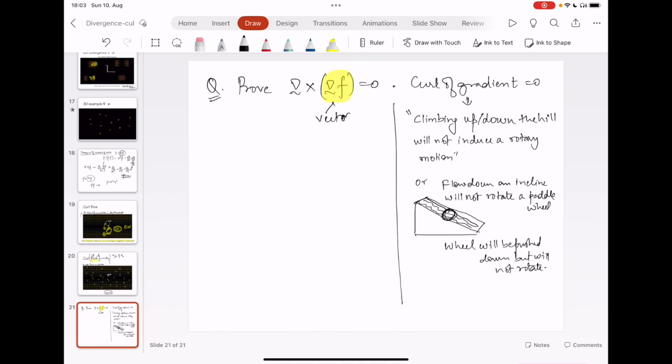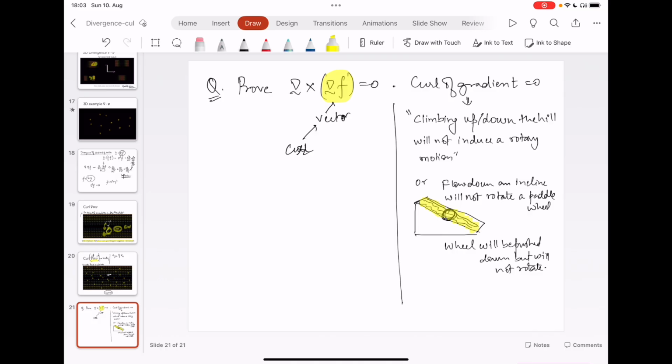So it gives you a flow field of a slope of some kind. And when you're taking a curl of this vector, you are saying that I'm going to place a small point-like circle in this flow field, like a paddle wheel. One can imagine this example for a better case: you have a flow down an incline caused by the gradient of f.